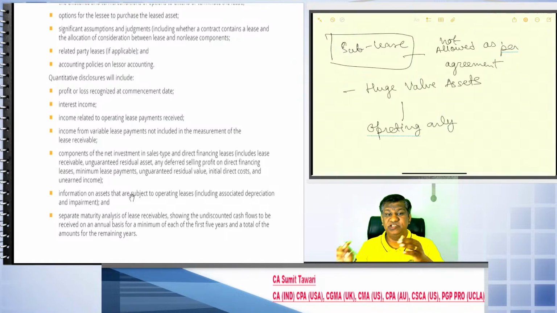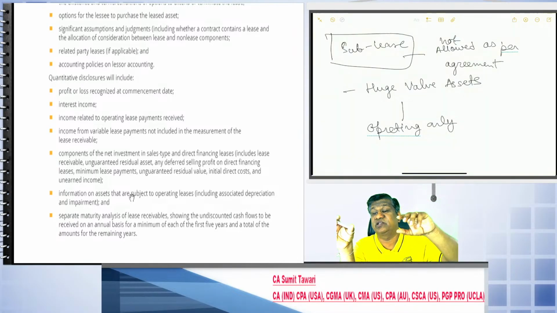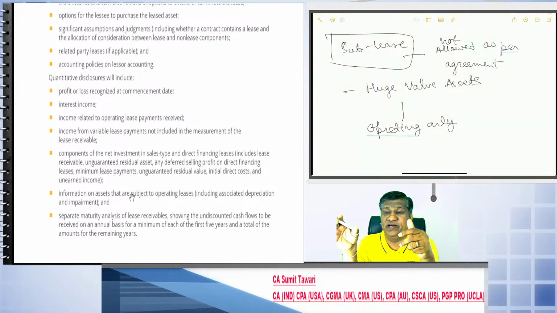The original transaction of sale and leaseback or financing is basically between the original lessor and the original lessee. But if the lessee gives a sublease on part of the asset, that cannot be 100% asset utilization by the sublessee, because he gets only part of the asset, and the rent he pays to the main lessee cannot be the full value of the asset.